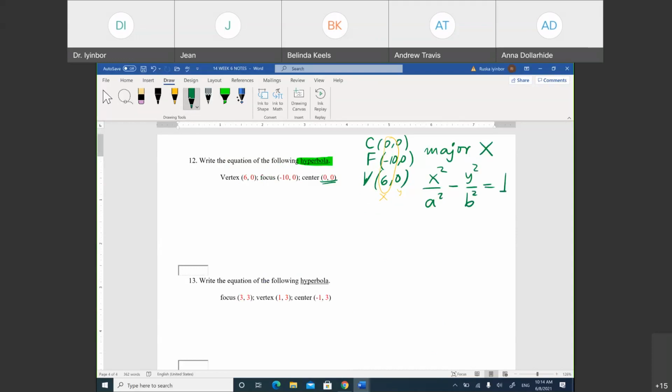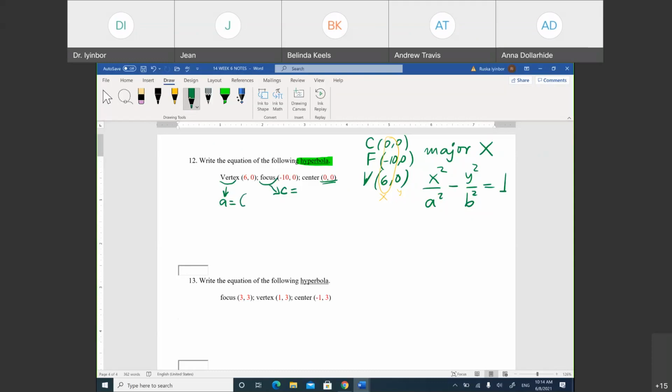Now let's see what is given. They give me the vertex, which is going to give me A, and also the focus, which is going to give me the lowercase c. What is the vertex? What is A? That's right, A is 6.